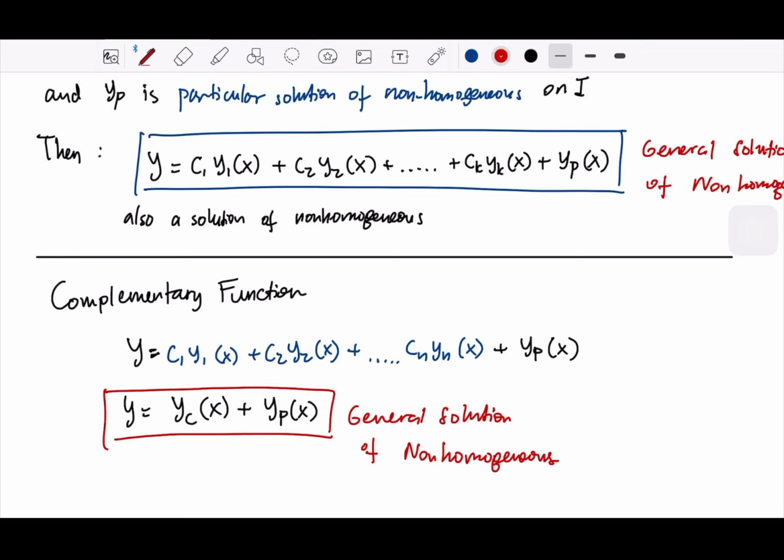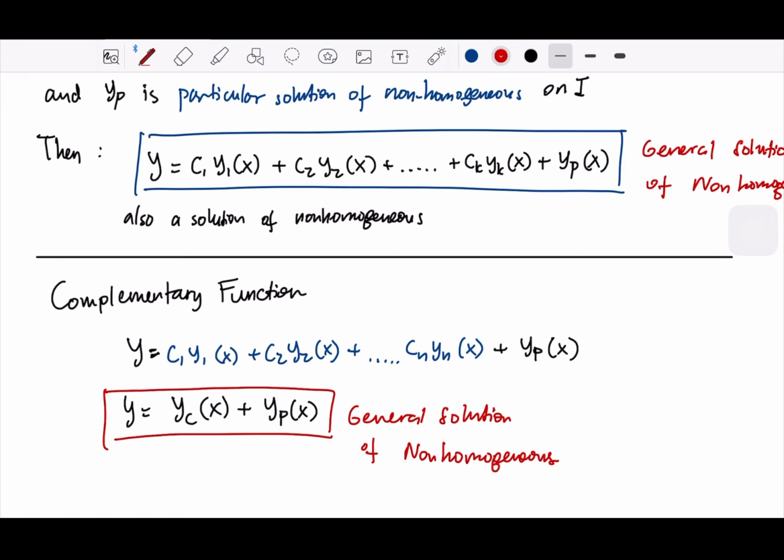And from this example, when I wrote yp, it's supposed to be like a single yp. But in truth, it can be more than one. We could have the superposition yp1, yp2, yp3, and so forth. So we could have yc, yp. yc is for homogeneous. yp can be more than one, but we are going to write it with the superposition.